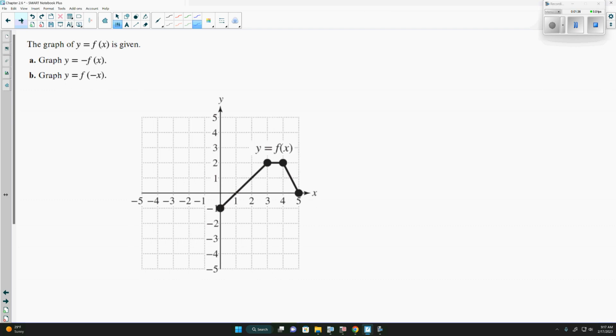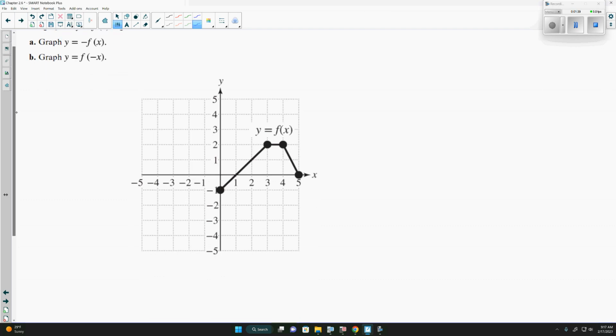So if we look at this here, A, we'll do A in blue. Negative f of x is a reflection across the x-axis. So it's flipping it across this line here.